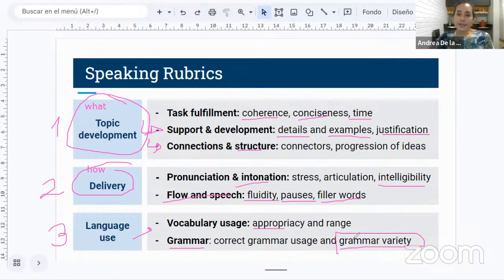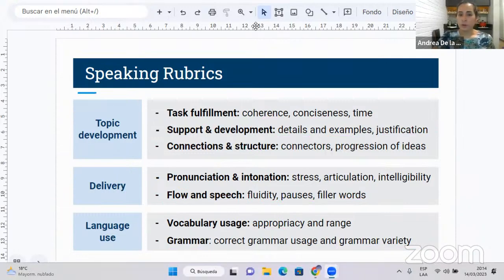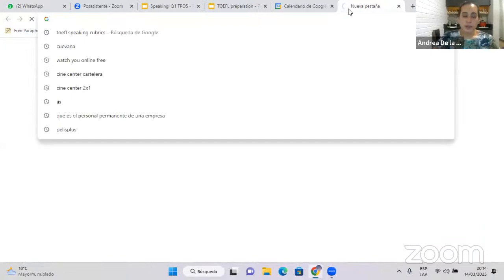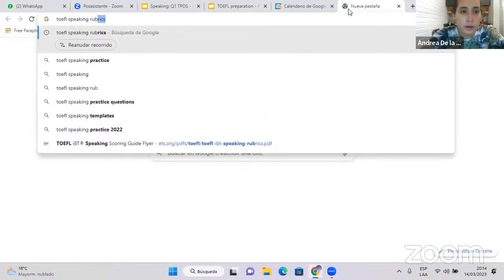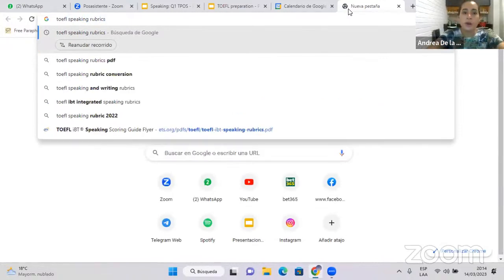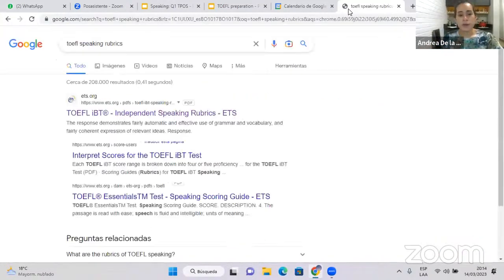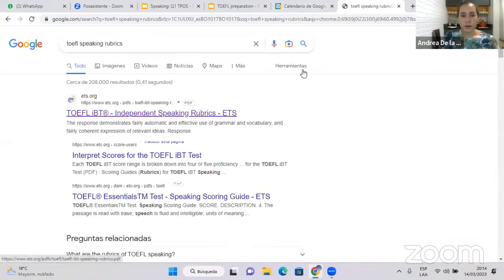Okay? I didn't make this up, I didn't just take some things out of nowhere and put them together. You can find the real rubrics on the ETS website. If you search for TOEFL speaking rubrics, you can find both the rubrics for the independent and the integrated questions here.